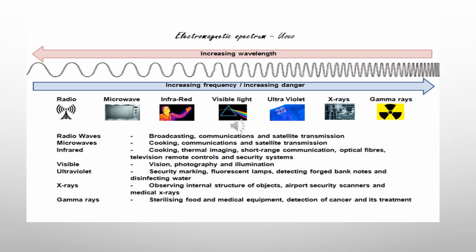Hence, larger is the wavelength, less will be the frequency. Shorter is the wavelength, more is the frequency. That's what we see over here in an electromagnetic spectrum.